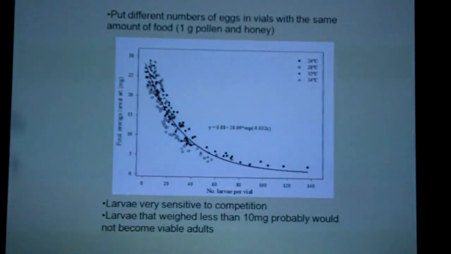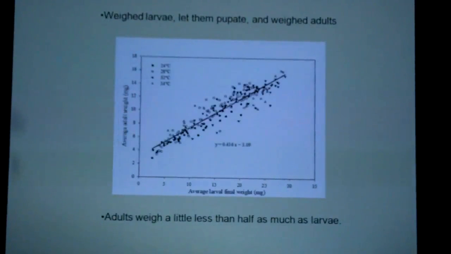Anyway, so this is the number of eggs, and that's the weight of the beetles as the number of competitors increase. This one just shows, it's a very straightforward graph, how big the larvae were compared to how big the adults were. What it basically shows is that the beetles lose about half their weight when they pupate. So if you get a 10 milligram larvae, you get a 5 milligram adult.